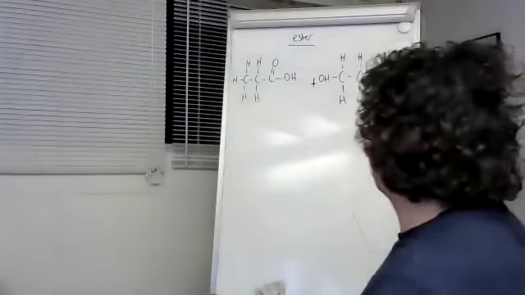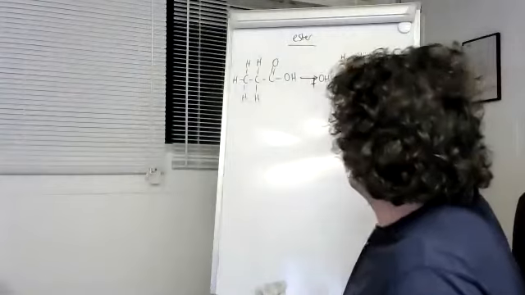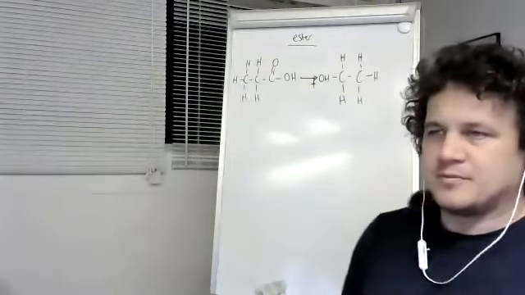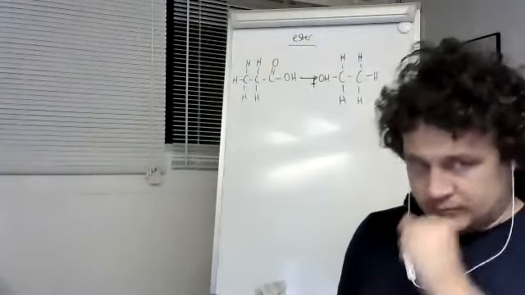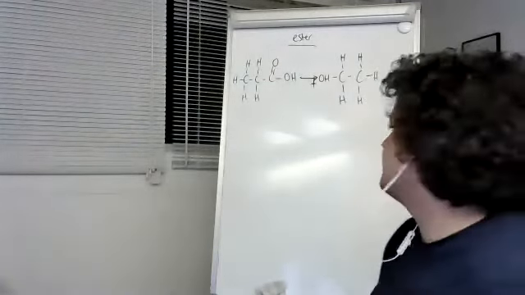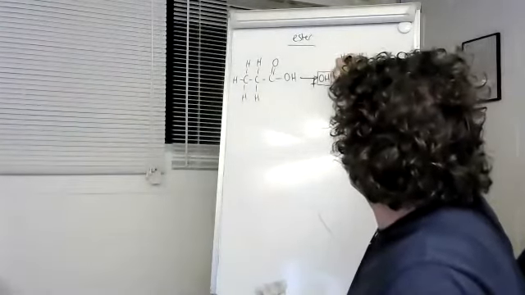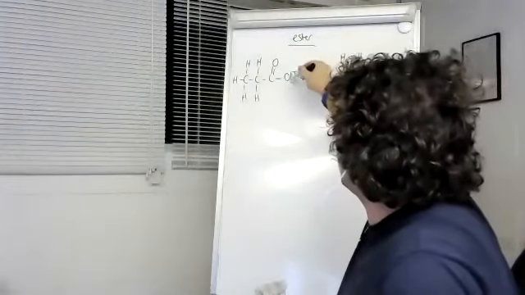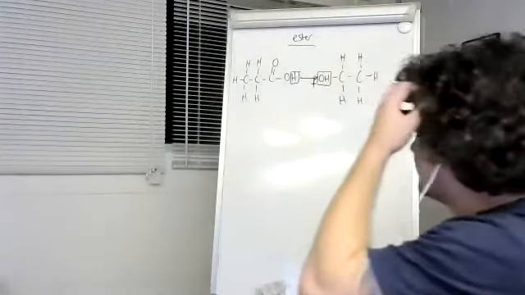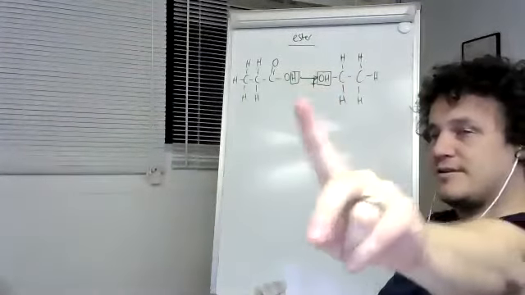So what happens is the chains join here at the OH groups. And what happens is we actually lose this OH group and this hydrogen. So there's 2 hydrogen and 1 oxygen.